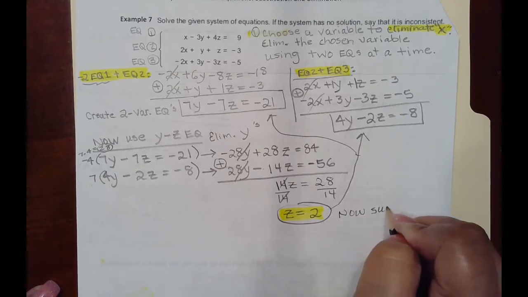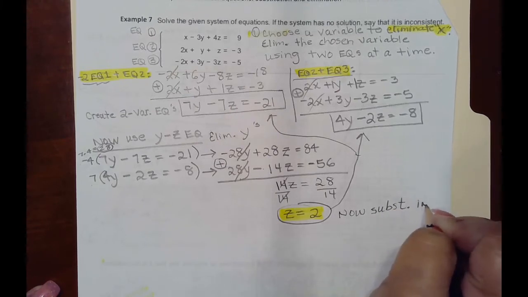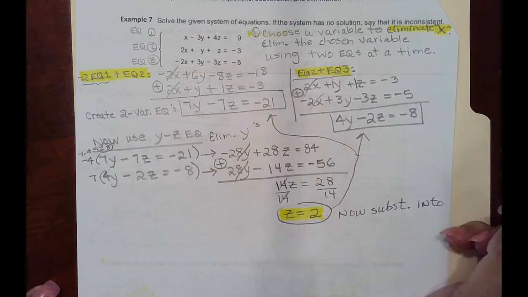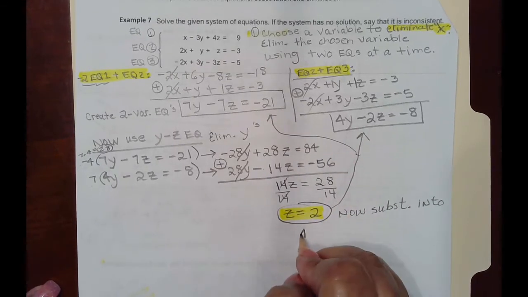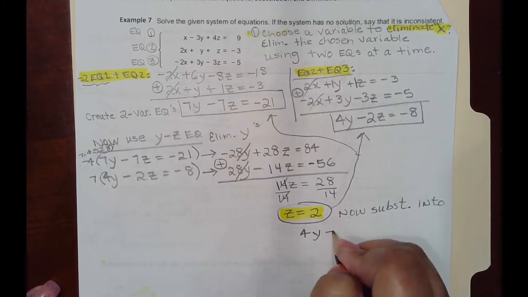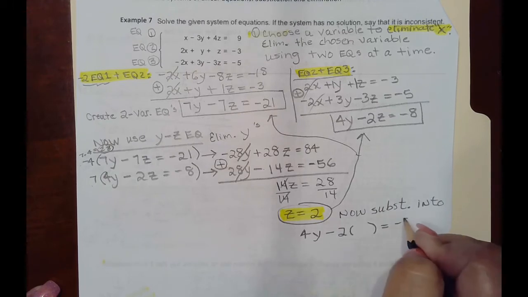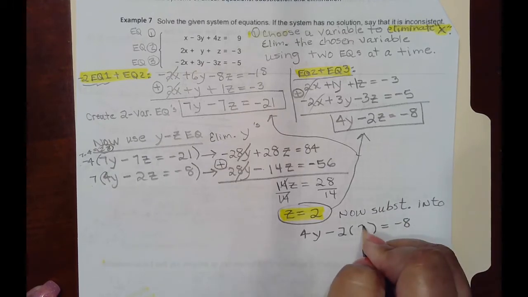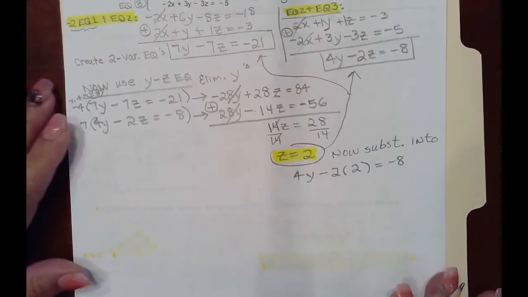So I'm going to back substitute this into one of those equations. I choose this one. I'm going to go 4y minus 2z. I already know what z is. I know that it's 2, and I am about to get my second answer, the value of y.